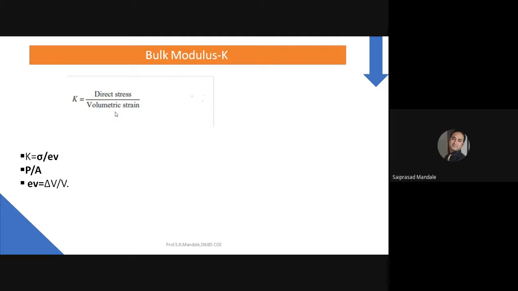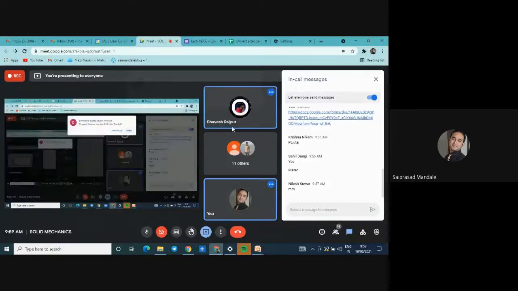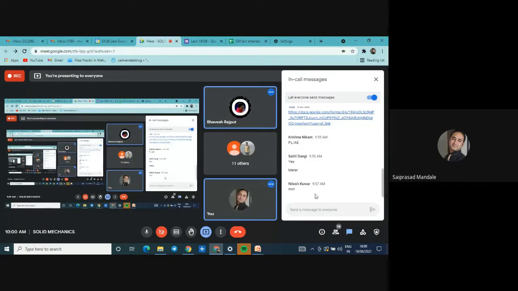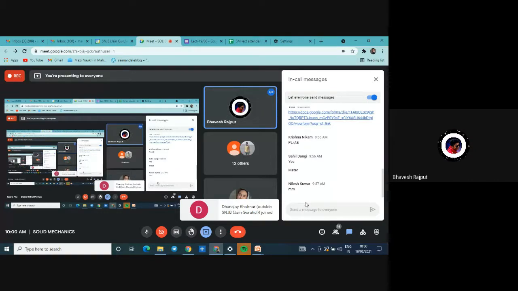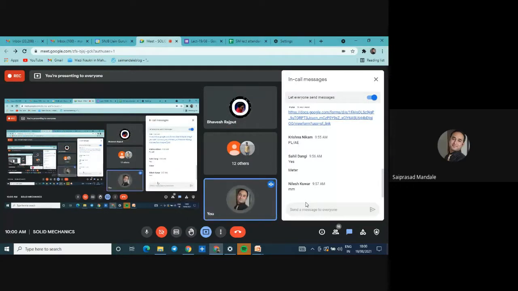What is the formula for lateral strain? What do you mean by lateral dimensions? Can anybody tell me what lateral dimensions mean? Now who gave the answer for linear strain? Bhavesh? Yes sir. Linear strain means along the length.